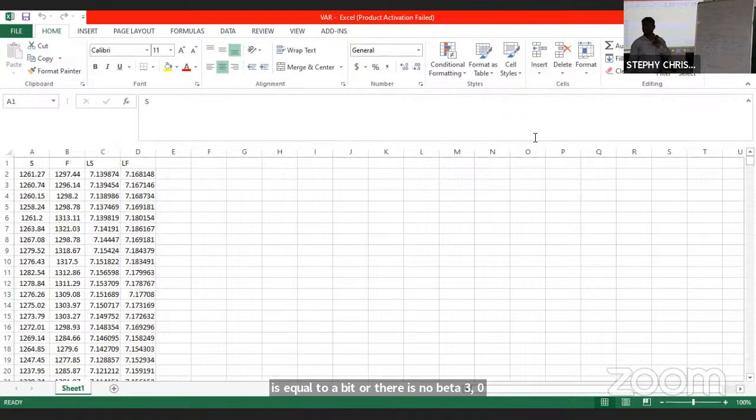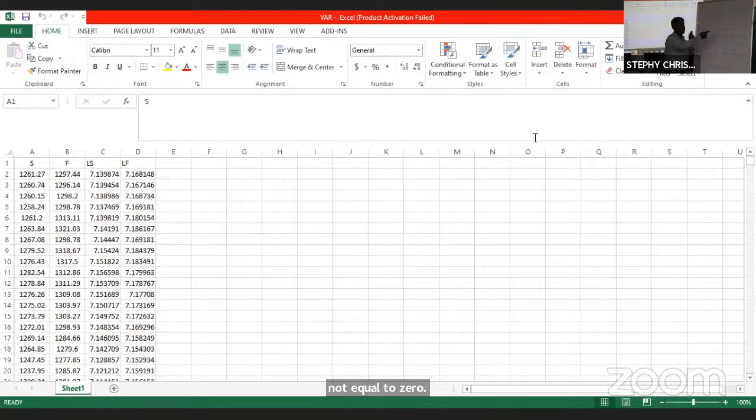Understand? What is the alternate? Beta 1 is equal to beta 2 is not equal to 0. Got it?